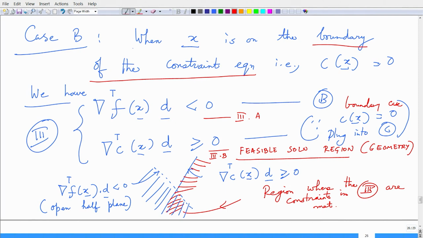So the region where these constraints are met is this overlapped shaded region that comprises of blue and red, right. That is the geometric feel of this problem. So, if I have a non-null region, then I have a solution. If it is not, then I do not have a solution.